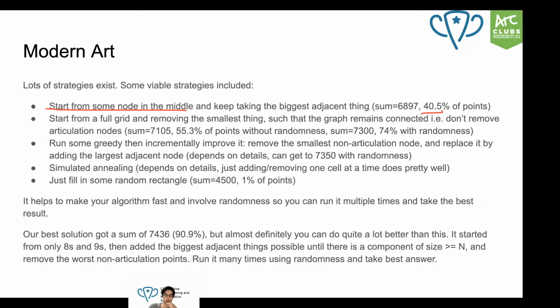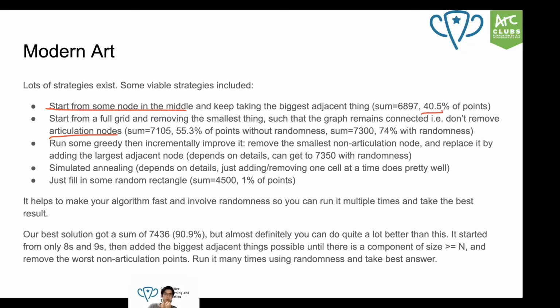So basically the nodes that you can remove without disconnecting the graph are called articulation nodes. There's a very well-known algorithm to check whether they're articulation nodes, but you can also do it in many ways. If you do that, it ends up being a bit better, and you get a bit more points.